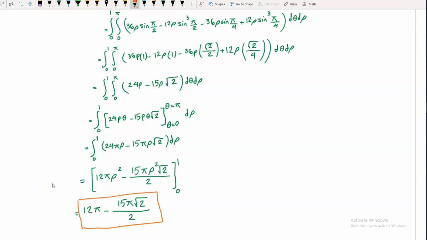So this is equal to 12 pi rho squared minus 15 pi rho squared times square root of 2 divided by 2. This is from 0 to 1. So here rho equal to 1, we have 12 pi minus 15 pi square root of 2 over 2. So this is our final answer.